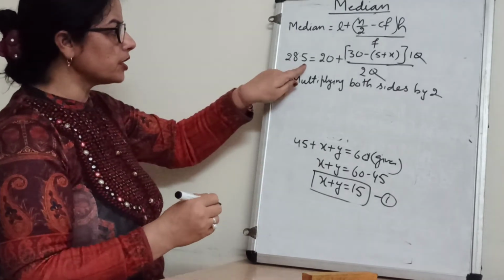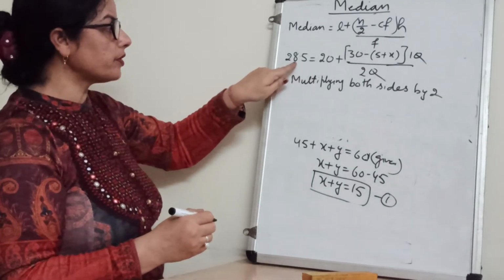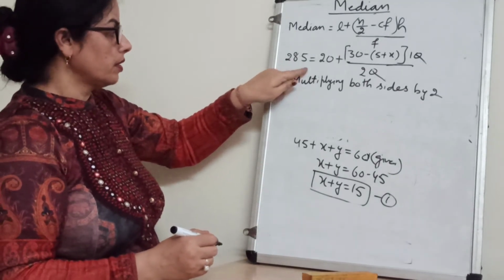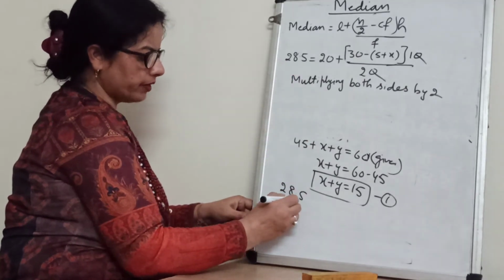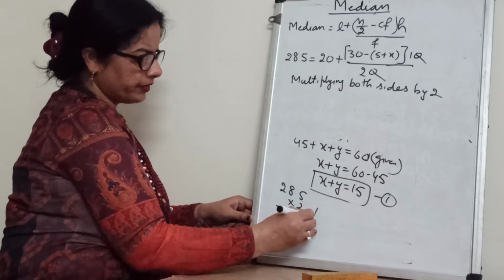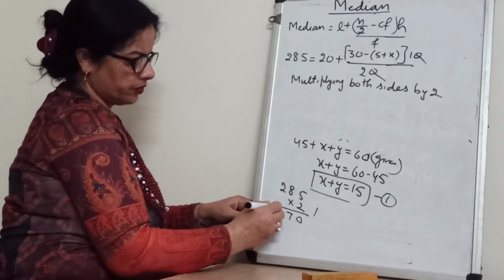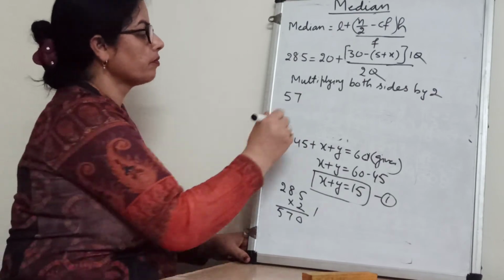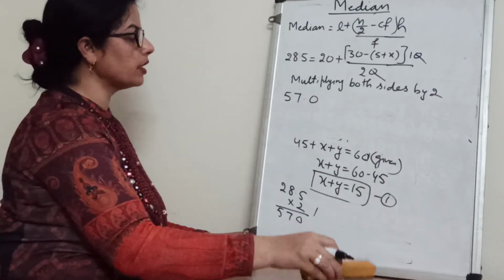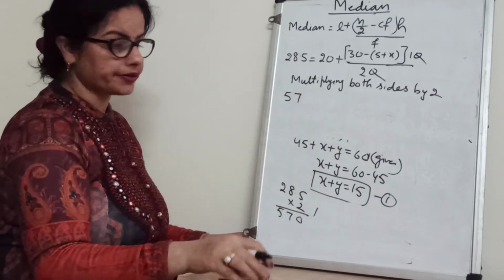First multiply this term by 2. If you multiply 28.5 with 2, see what will come? 57.0, means 57 will come. The point 0 after the decimal can be neglected.